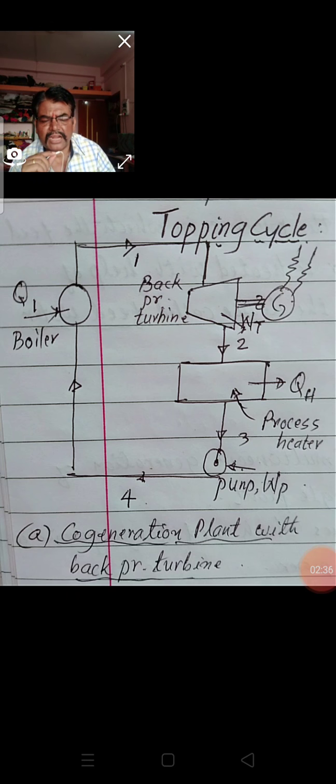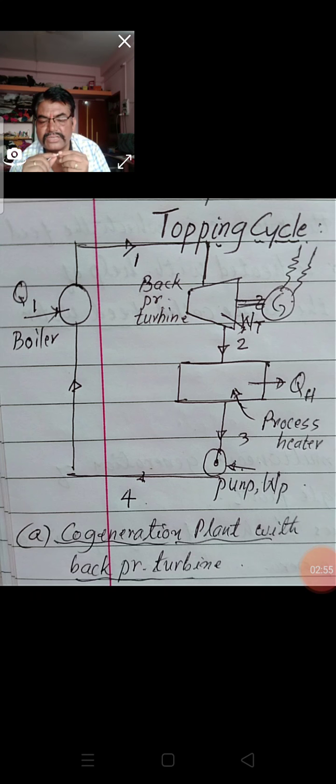Now there are two ways in which the steam is utilized. The first, A, is by using the steam at the turbine exhaust. The steam turbine in this case is called a back pressure turbine.